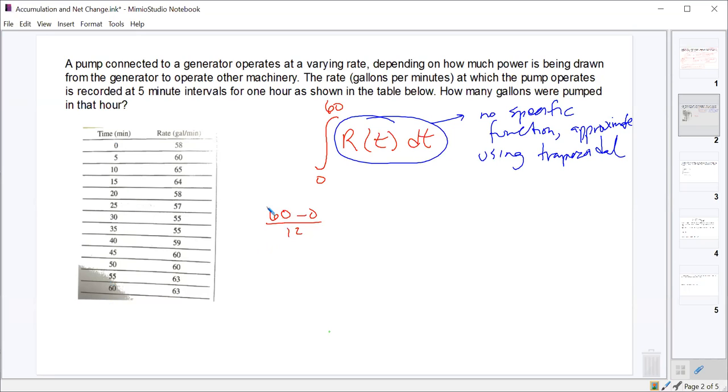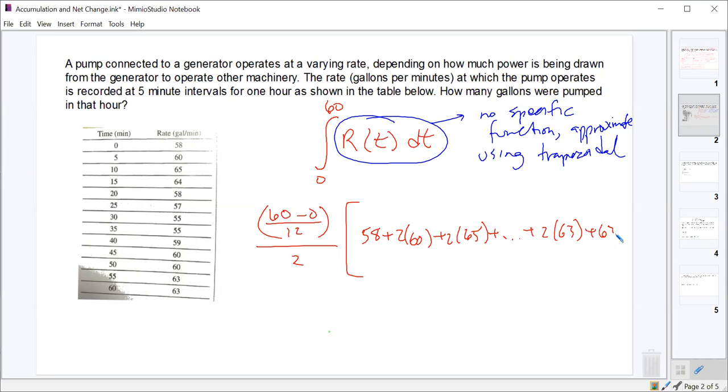Should have 12, divided by 2, right? b minus a over n, divided by 2, and then it should be 58, and then 2 times 60, 2 times 65, all the way up to 2 times that 63, and then plus 63 for the very last one. Simple enough. All right, so all you're going to do is figure out what that is.